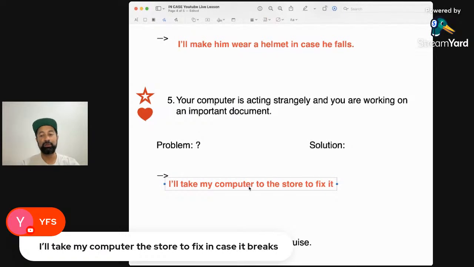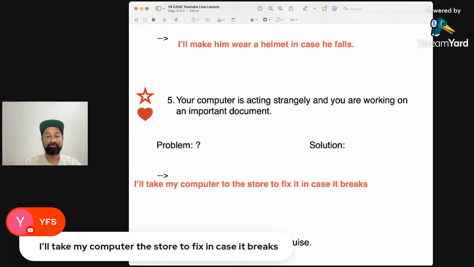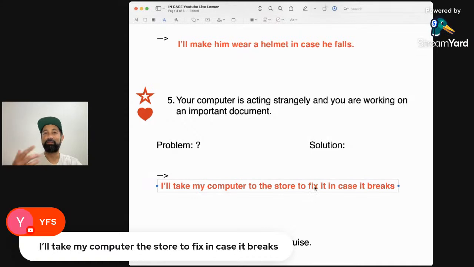So I'll take my computer to the store to fix it in case it breaks. Now, this is a good answer. I like it. This is a little different than the headache example.